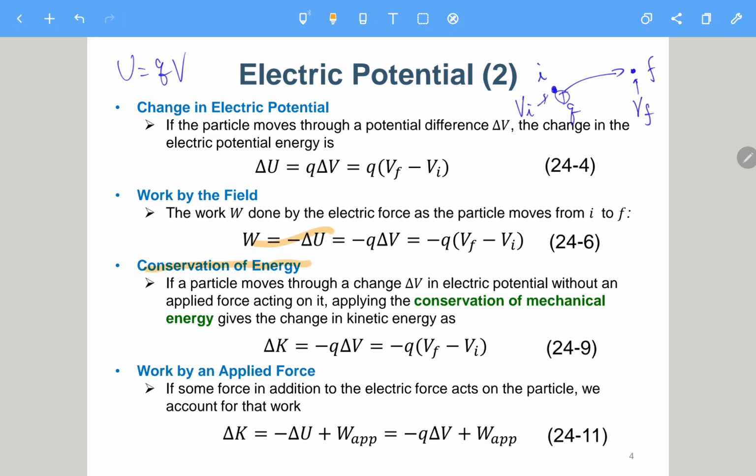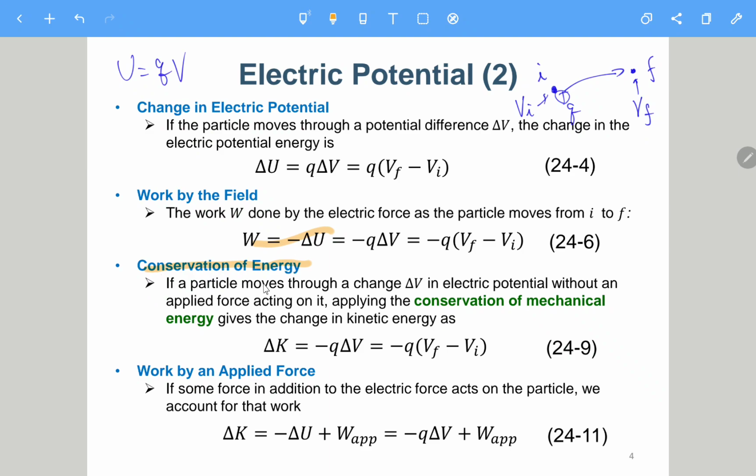So for some situations in, let's say, the physics 1 cases, conservation of energy might not be true. Usually you use the conservation of momentum, 动量守恒. But here, when we consider the electromagnetic force, we usually will ignore the energy loss. So usually conservation of energy is okay.